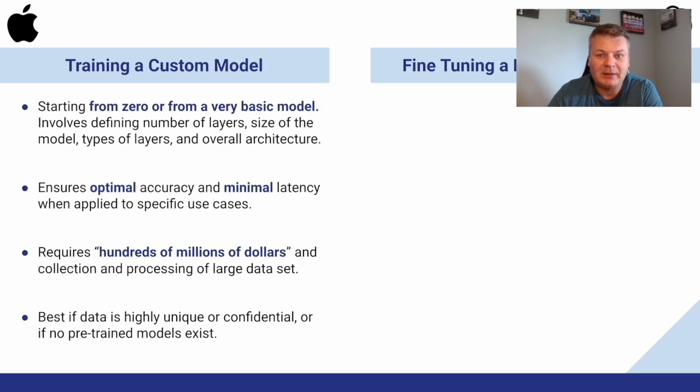Now, that is probably the only way to accomplish something that is very tailored to your solution, that is efficient and has high accuracy. That's really the only way to build a model that can run on a phone. But on the other hand, it does require literally hundreds of millions of dollars of investments.